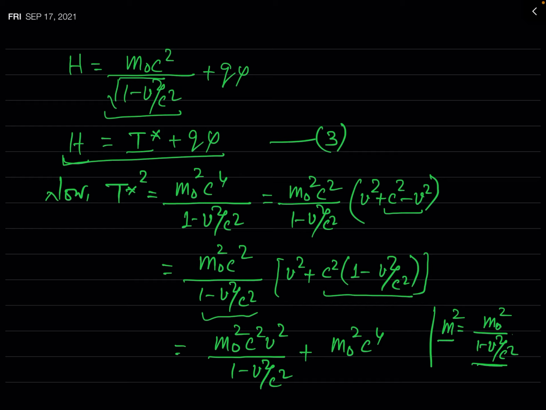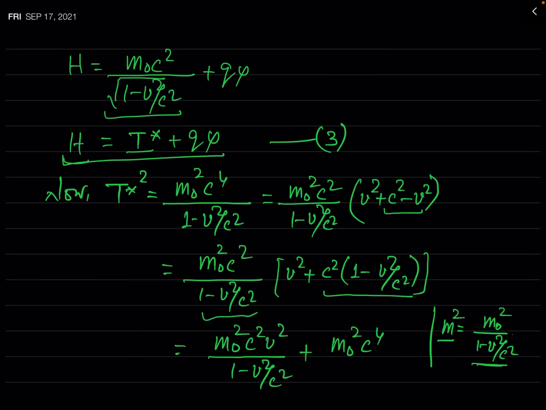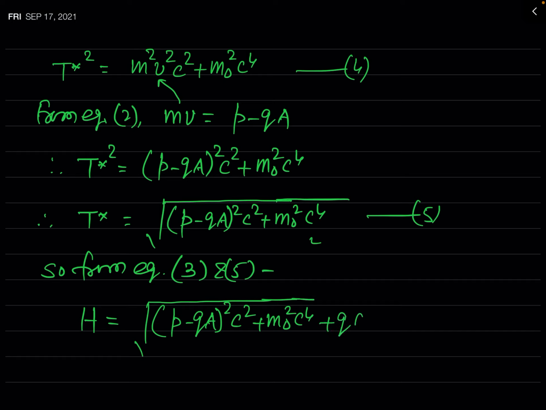So from equations 3 and 5, the relativistic Hamiltonian H is T star plus q phi, which will be the square root of p minus qA whole square times c square plus m naught square c4, plus q phi.